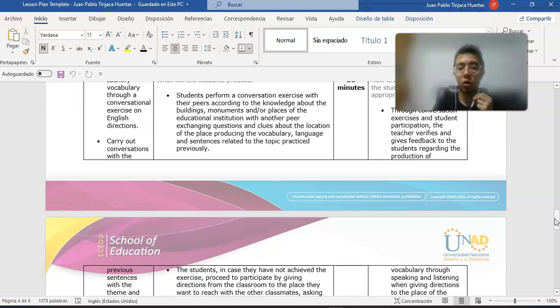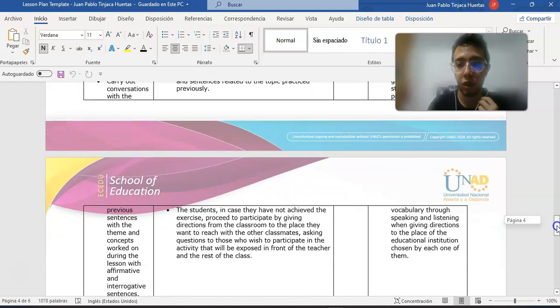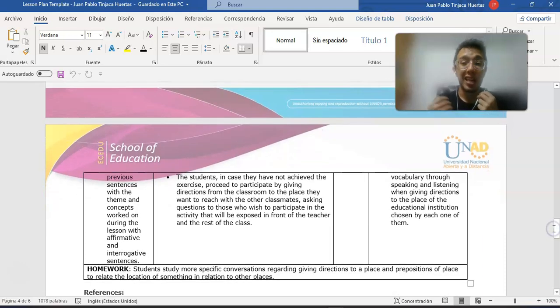They are going to have real life conversations with questions and clues about what place their partner is talking about, and they need to guess what that place is and how to get to that place from the classroom. For example, it could be the principal's office, the classrooms of different grades, the entry of the school. Well, different places. And the student will try to guess what that place is and how to get to it.